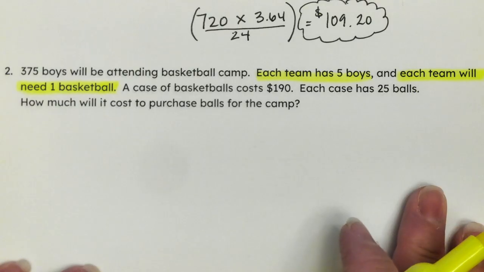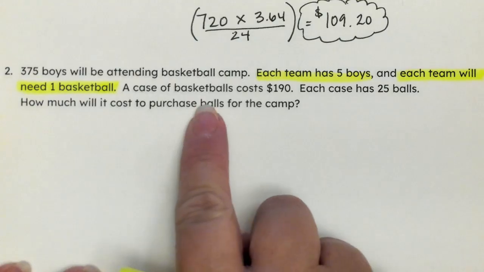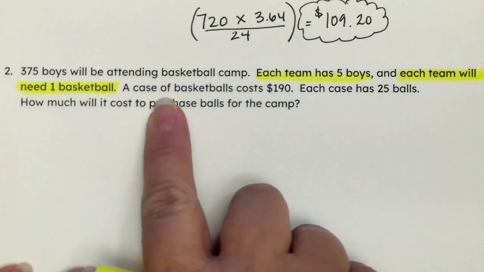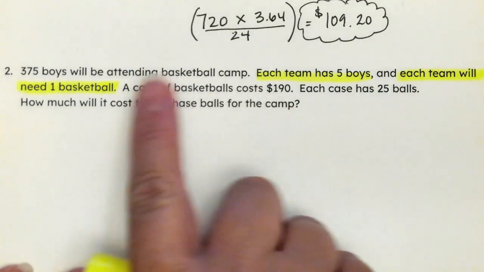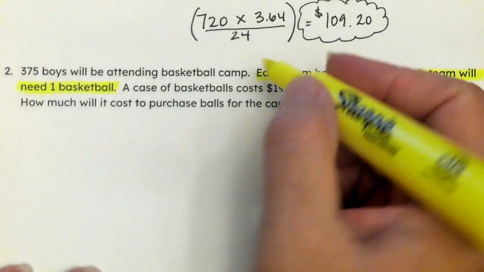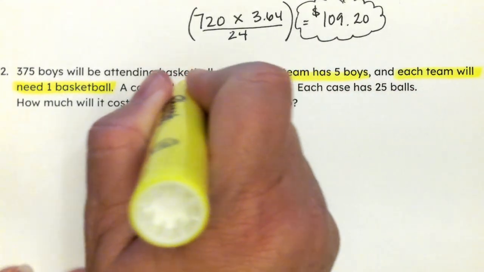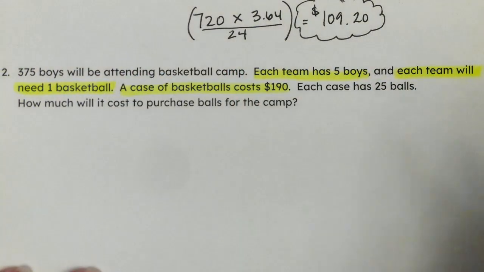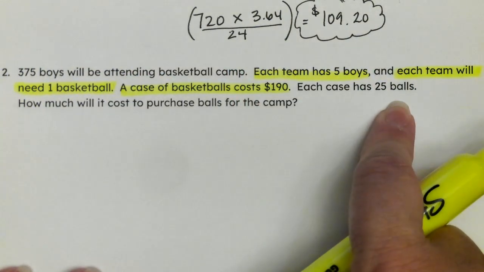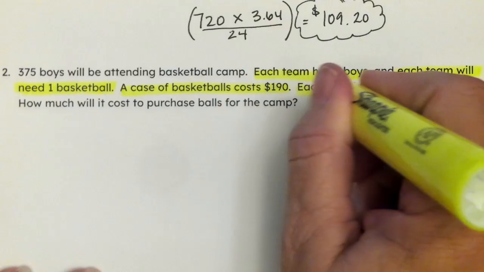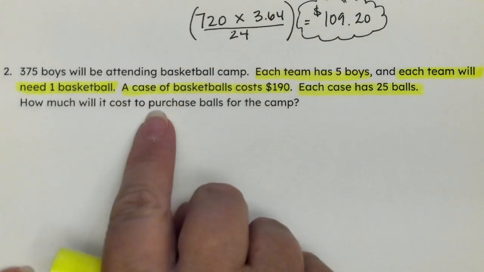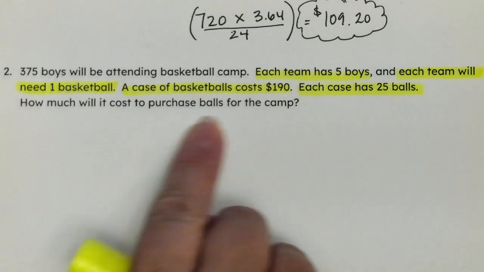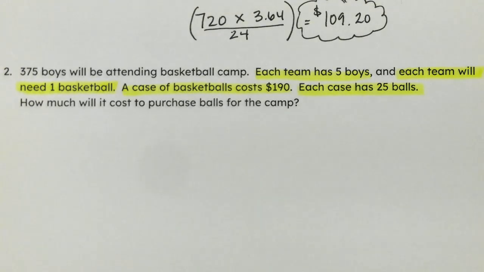Okay. A case of basketballs costs $190. Now, we don't see the word per or each in here, but we know that that means 1 case equals $190. You would need $190 to buy a case of basketballs, so that's going to be a conversion factor. And then each case has 25 balls. So this one has 4 conversion factors that we'll be using.